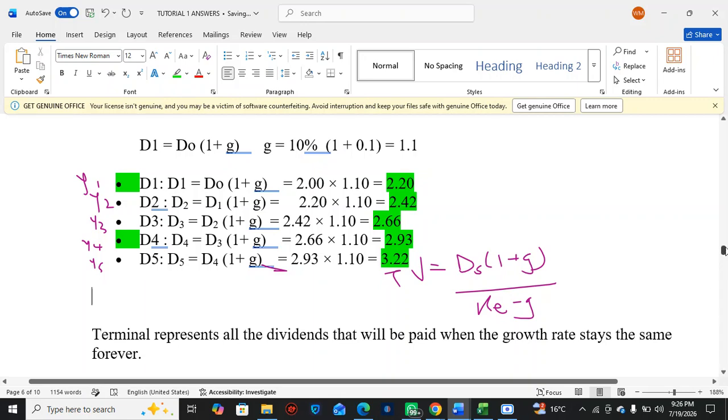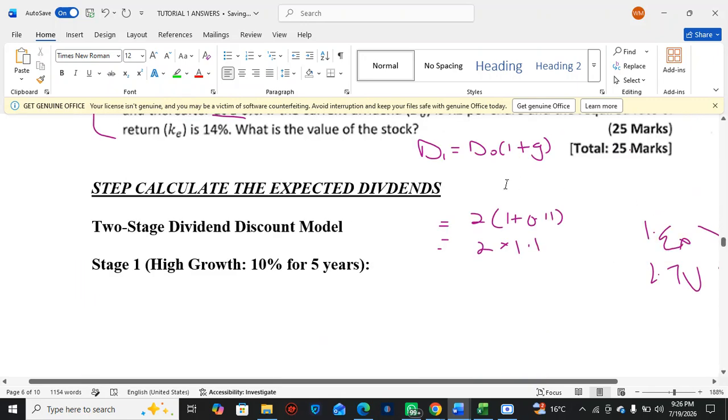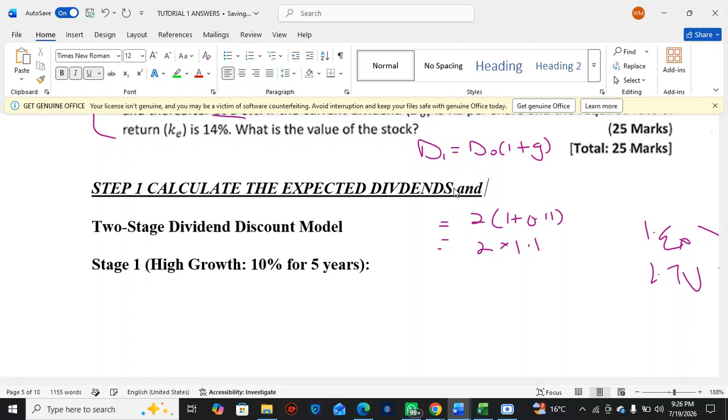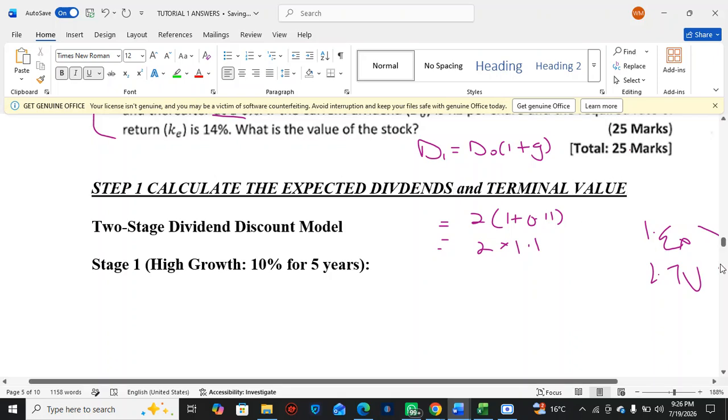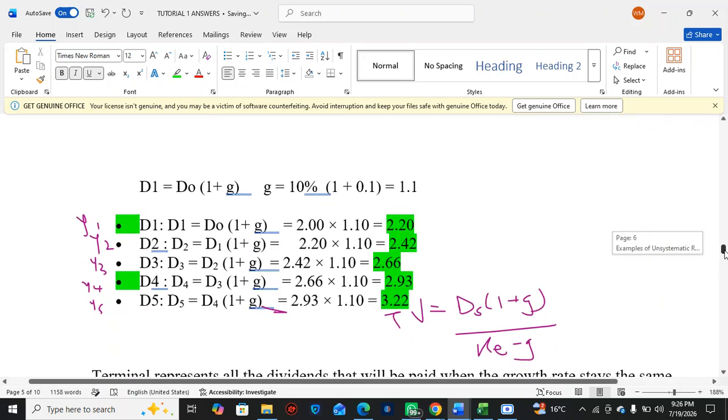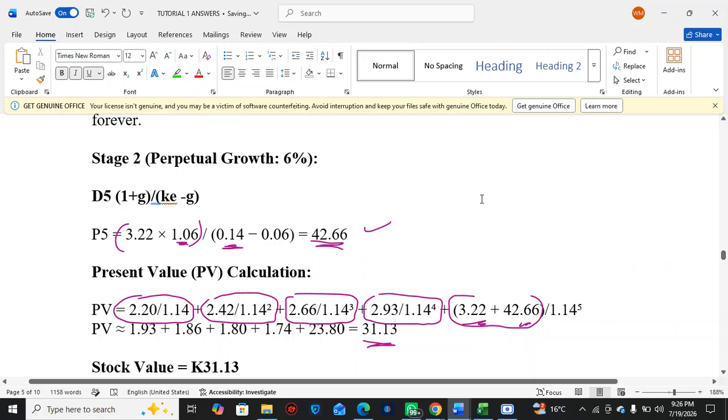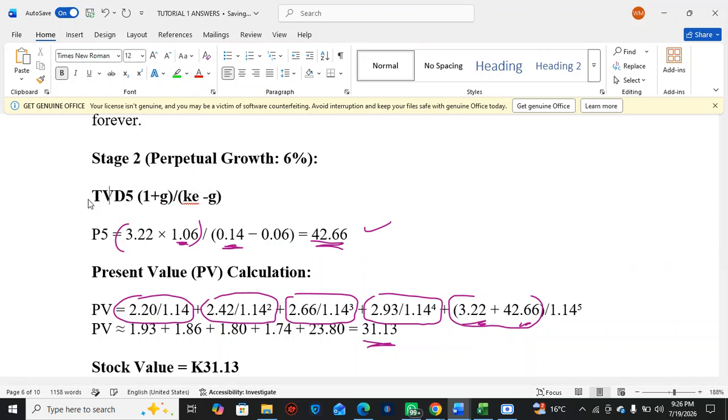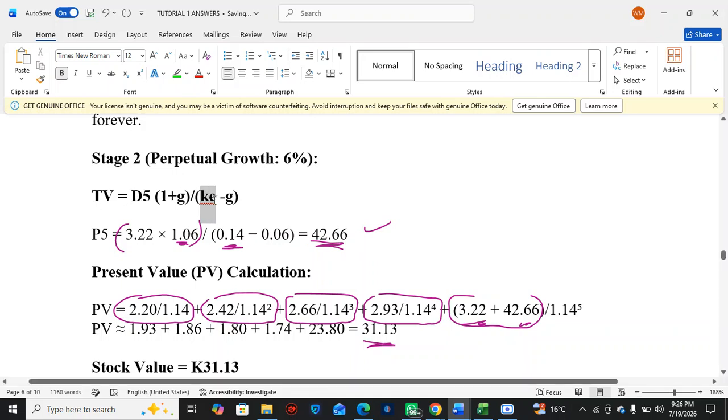So I can put this also in step one so that we don't have many steps. So step one, calculate expected dividends and terminal value. In this case, the terminal value equals the expected dividend for year six over the cost of equity minus the growth rate.